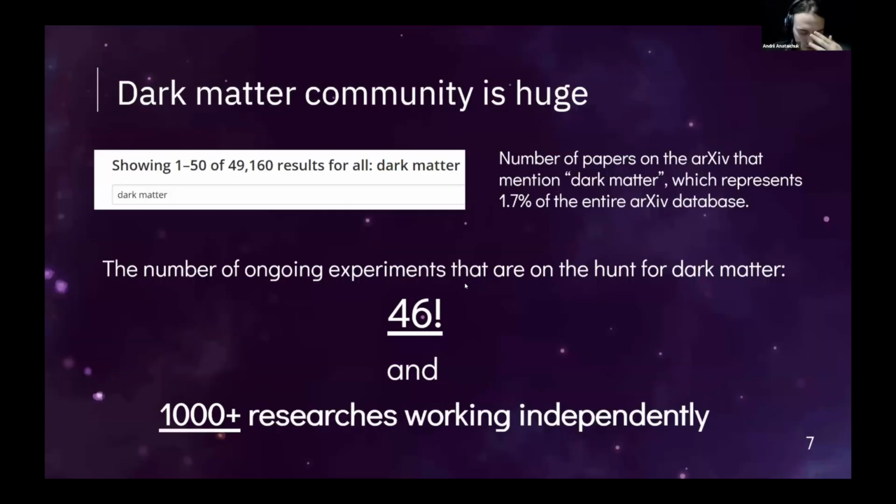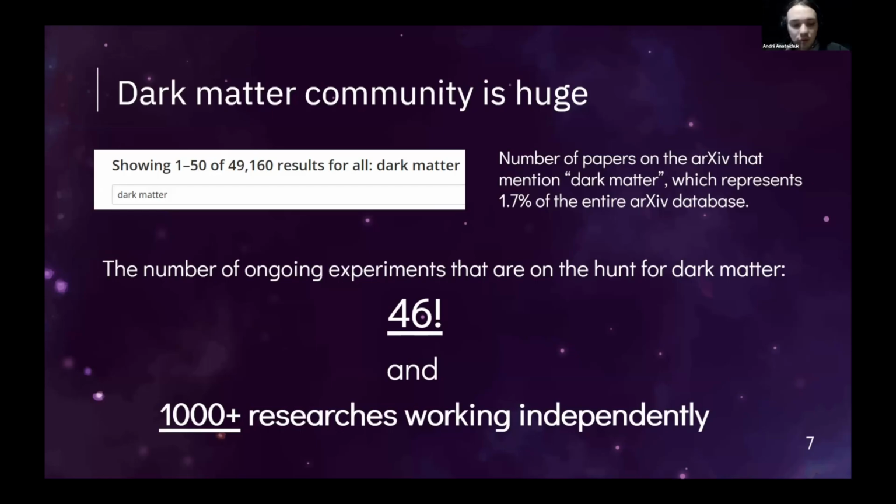And again, you need to keep in mind that the dark matter community is huge. It's an enormous community. You have around 50,000 papers, which is approximately 2% of the entire arXiv database. It's a growing community, and there are a lot of ongoing experiments searching for dark matter, around 46 right now, and some of them are under construction, so it can get much bigger.